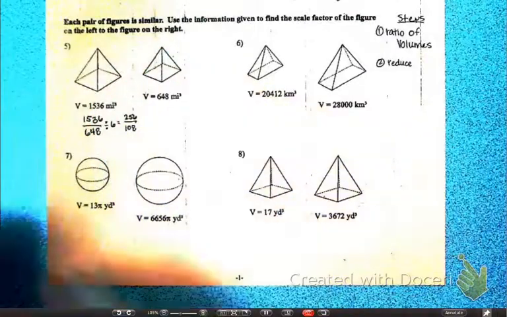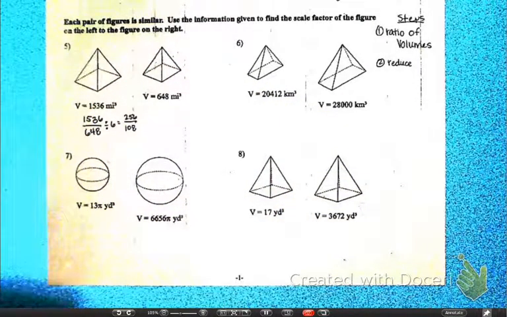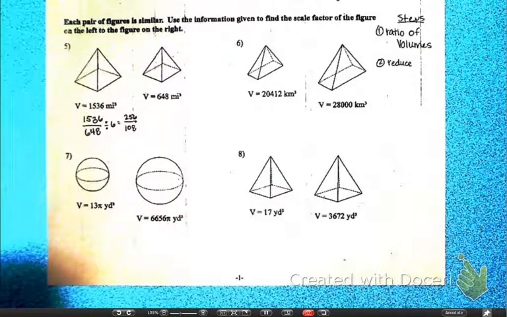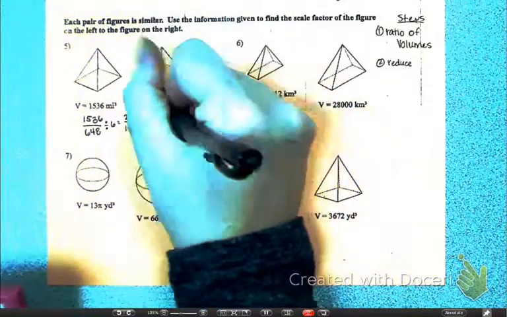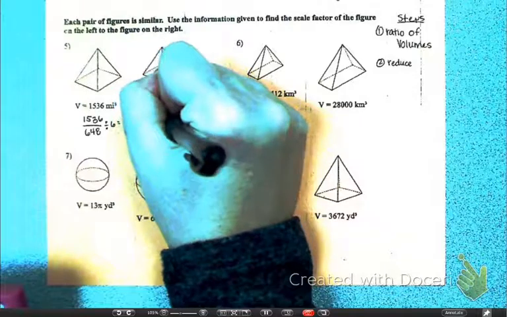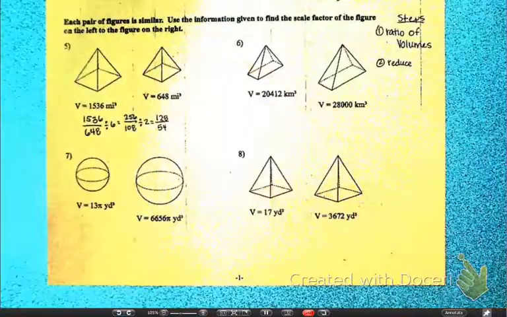I can tell I can go more than that because they're both even. Any other number we think might work? 2? Okay. If I divide by 2, I get 128 over 54.